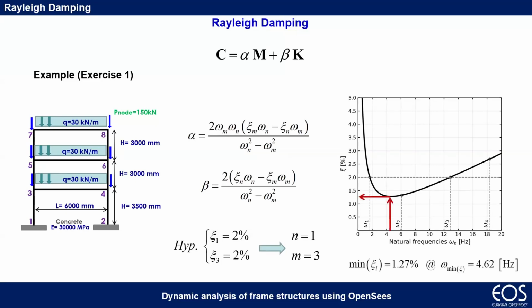If you fix the first and third mode at 2%, for example, let's put a hypothesis that it is a bare frame and I have a low damping. With frequencies higher than the first mode, the damping is decreasing. So, for example, I have a minimum here at 4 Hertz that is 1.2, significantly lower than the one that I fix. So pay attention to that, pay attention to this with Rayleigh damping.